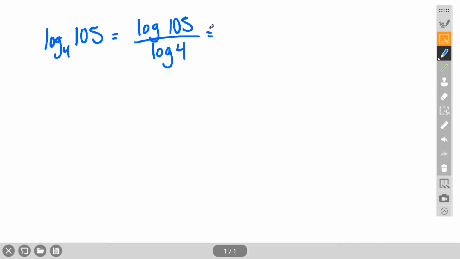Okay, so let's do common log of 105 divided by common log of 4, and that gives us, it says round to the nearest 10 thousandths, 3.3571.